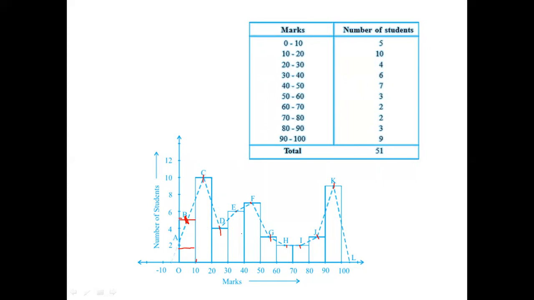Then 10 to 20. In this range 10 to 20 the midpoint is somewhere here. So in this way, you need to draw it with the help of a histogram.